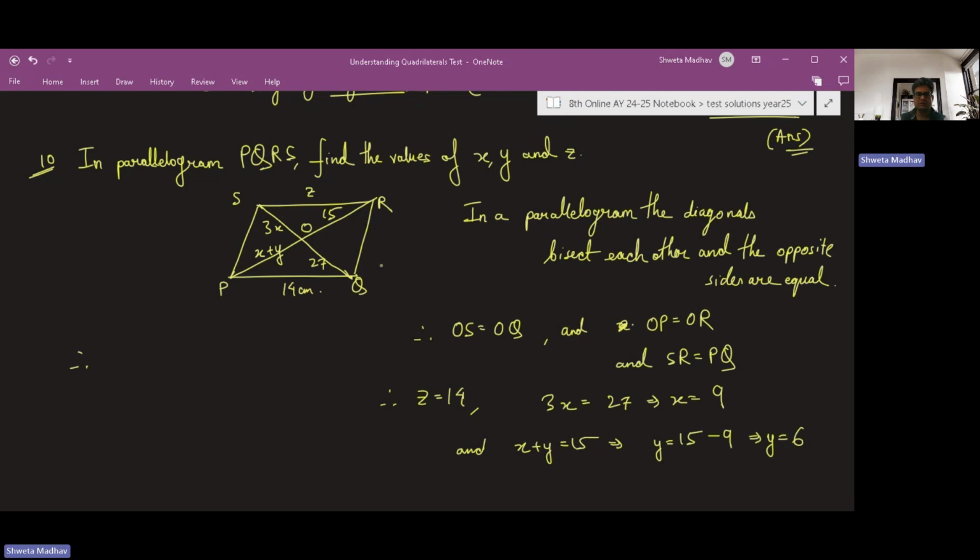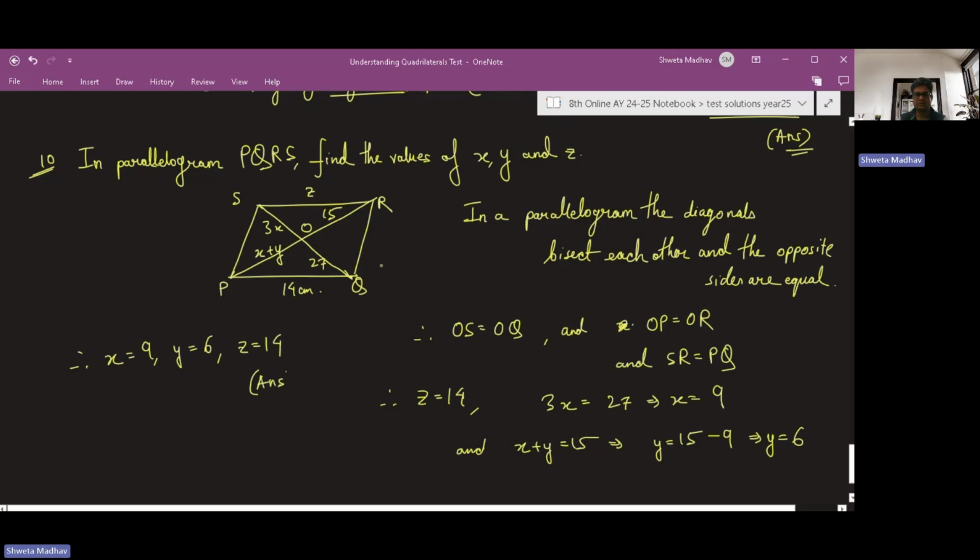Therefore, the required values of x, y, and z are x equal to 9, y equal to 6, and z equal to 14. So these are the required values for this one.